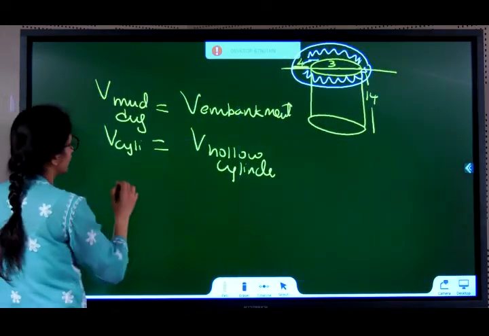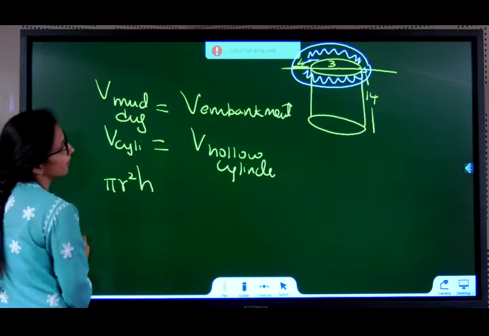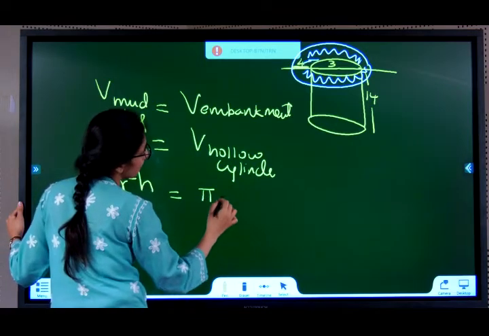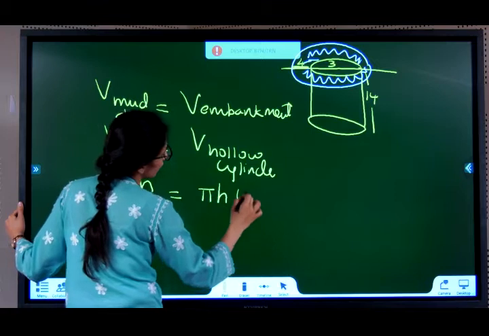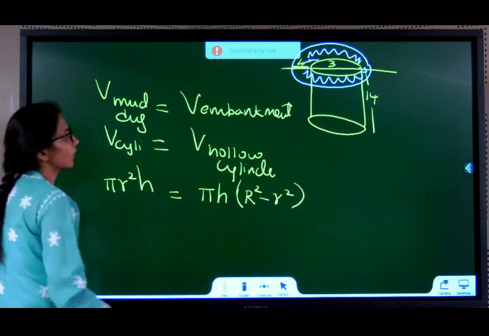Volume of cylinder, the mud dug, pi r square h. Volume of hollow cylinder we just saw, pi h into R square minus r square. Now we have to differentiate between all the r's.